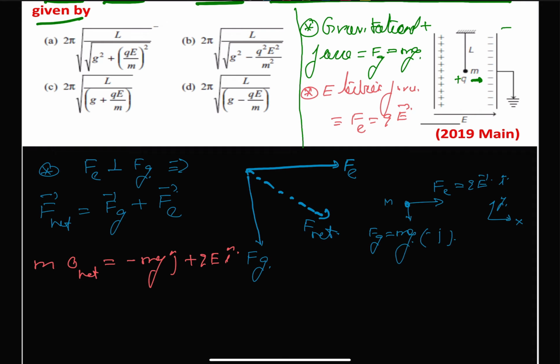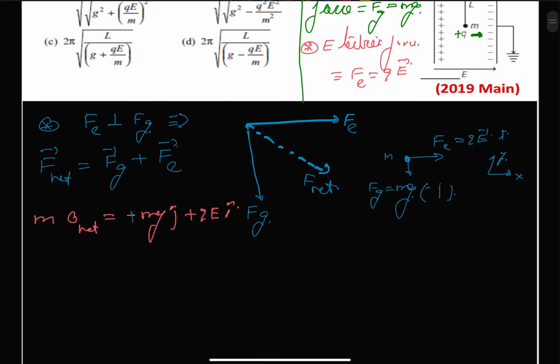Direction doesn't matter, so we are going to just ignore this part, and we can say that our net acceleration will be equal to g plus qE divided by m.